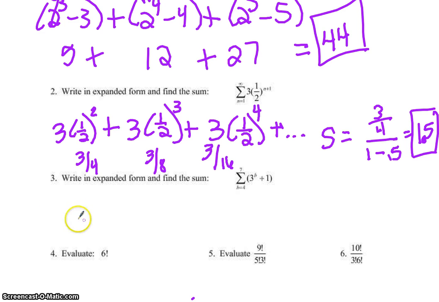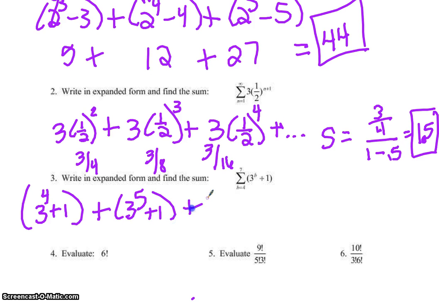Looking at number 3, we're going from 4 to 7, so this would be 3 to the 4th plus 1, plus 3 to the 5th plus 1, plus 3 to the 6th plus 1, plus 3 to the 7th plus 1.